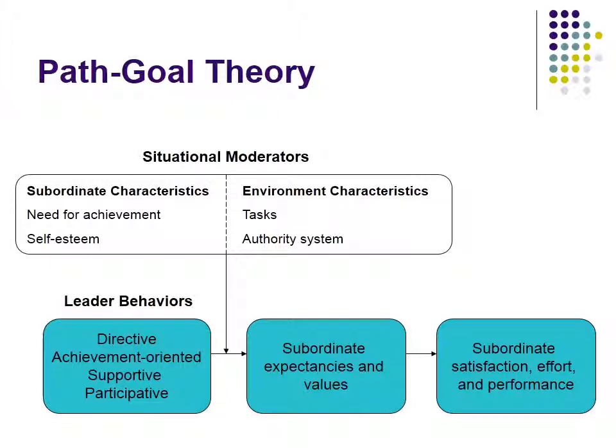What are the subordinates' expectancies and values? In other words, do they value achievement? Do they value the task being done? What is valuable to them? And finally, if you match the leadership behaviors to the situational moderators, taking into account what the subordinates value, that will result in subordinate satisfaction, subordinate effort, and subordinate performance.